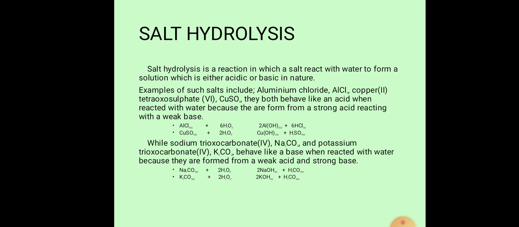The sodium hydroxide is a strong base that tends to overshadow the trioxocarbonate IV acid and makes that solution behave like a base, in which red litmus paper is turned to blue. So in such hydrolysis, you are looking at a reaction of salt in water, which makes the salt behave either like an acid or as a base.